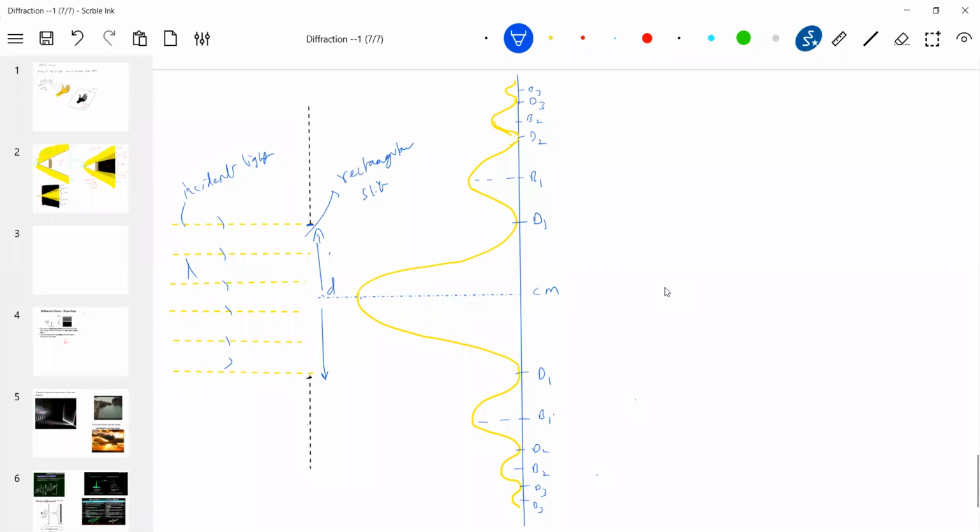There's a variation of intensity. How will the pattern on the screen be? If you can just accept the pattern, it'll be easy for us. So I'm directly showing the pattern first. Here there's D1.